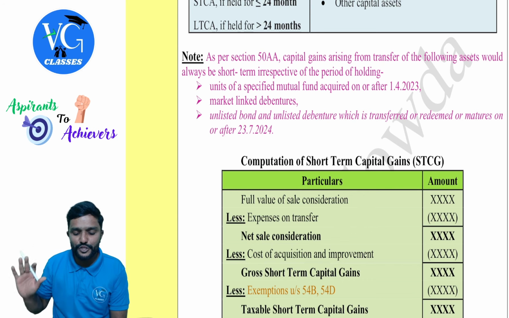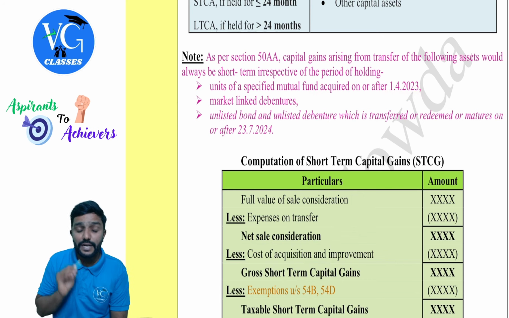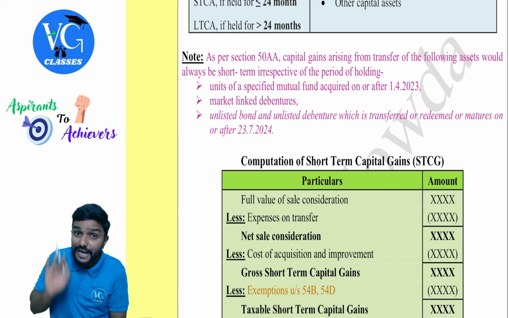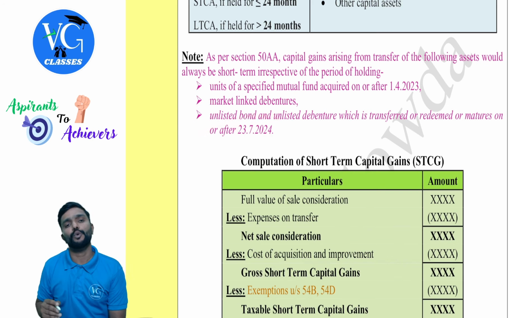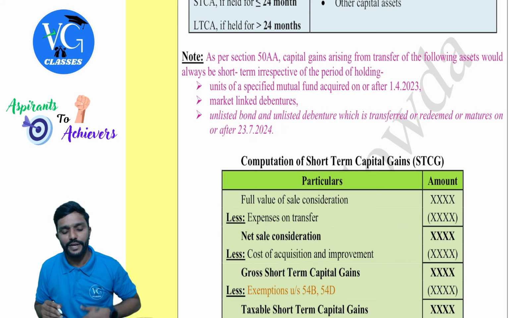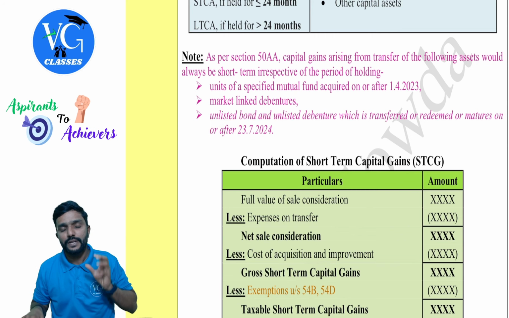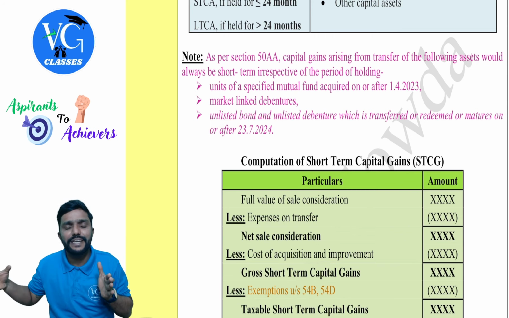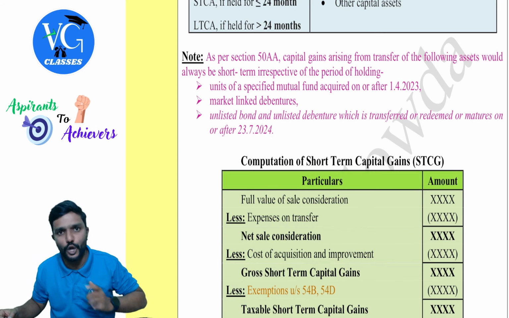Units of a specified mutual fund acquired on or after 1st April 2023, market linked debentures, and, this is an amendment, unlisted bonds and unlisted debentures which are transferred, redeemed or matured on or after 23rd July. For these three assets, it is always short term. Plus even section 50: when section 32 fails, that is depreciation fails, immediately section 50 will take over to compute short term capital gain or short term capital loss, guys.